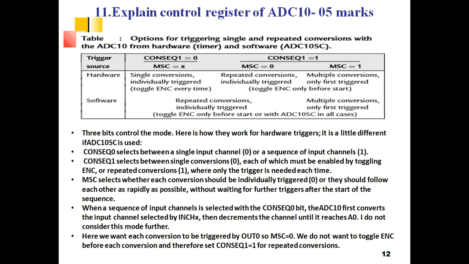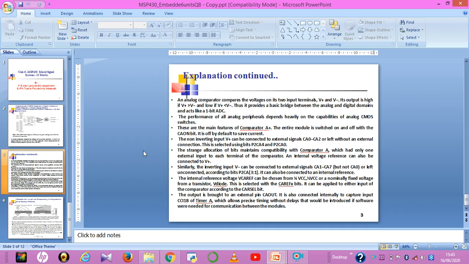And here finally we want each conversion to be triggered by output 0. So MSC you have to keep at 0, and we don't want to toggle enable conversion before each conversion. Therefore finally you have to set the conversion sequence to 1 for repeated conversions.